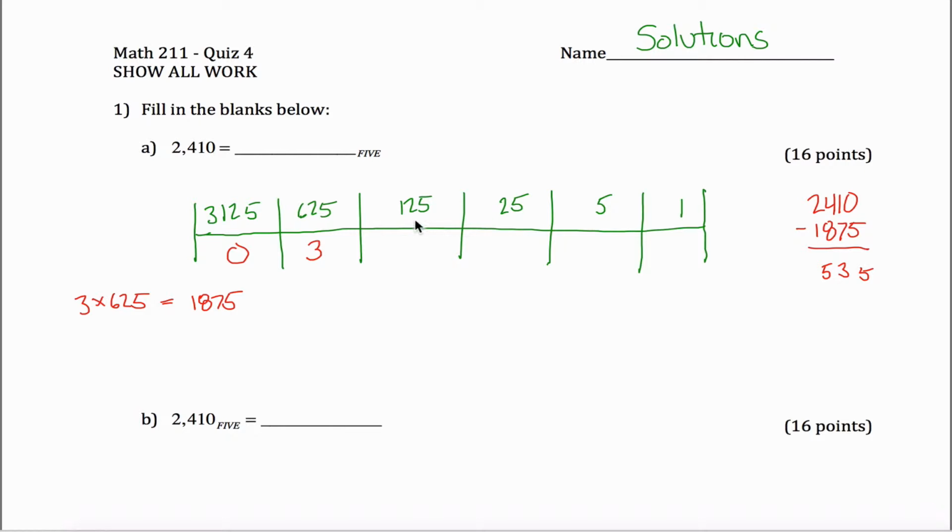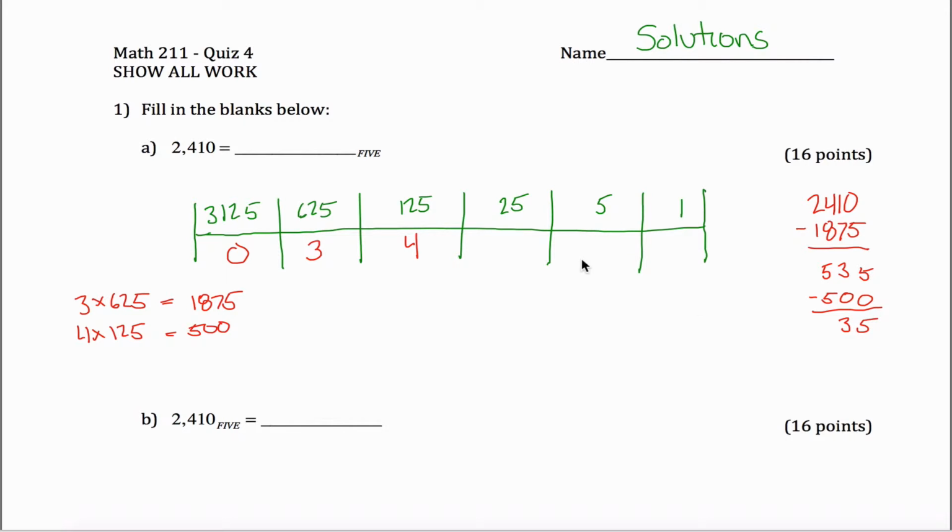So then I go on to my next box, boxes of size 125. 4 boxes of size 125 is exactly 500 donuts. So I'll put a 4 here. 4 times 125 gives me 500. And so I can subtract that from my running tally over here. 535 minus 500 leaves me with 35.